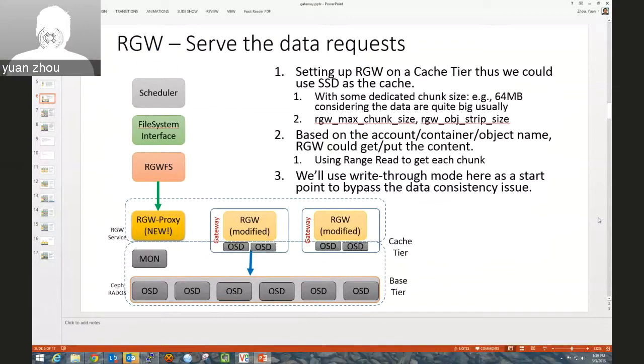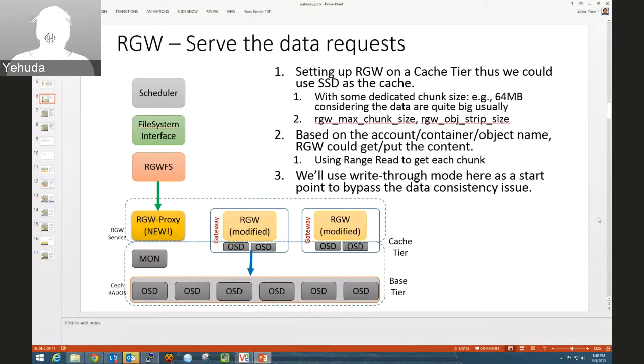So Yehuda, let me try to confirm with you. Each range read request actually will issue two Rados reads? At least two, depending on how you configured it. The first read is going to be to the head object, and the next one is going to be to the actual range that you specified.